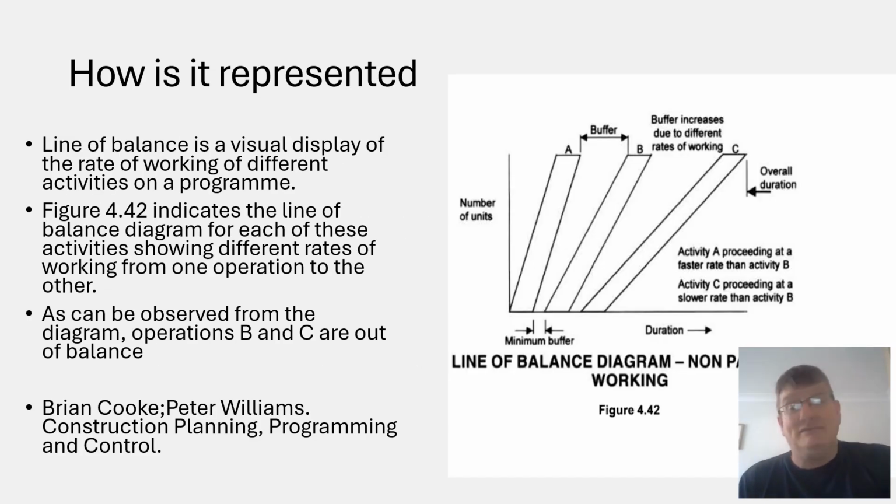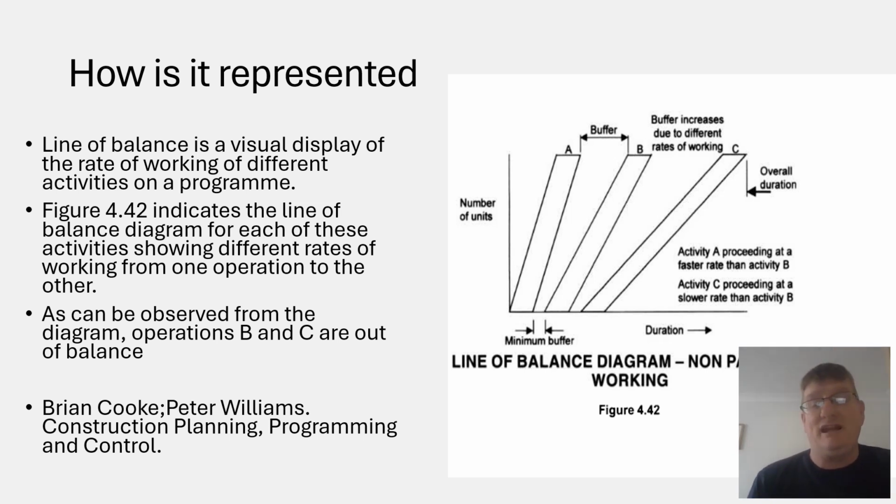It looks a bit like that. You can see the diagram on the side. You've got activity A, activity B, activity C. When you first look at line of balance, you think, oh my God, what's that? But you get used to it, so don't let it frighten you.